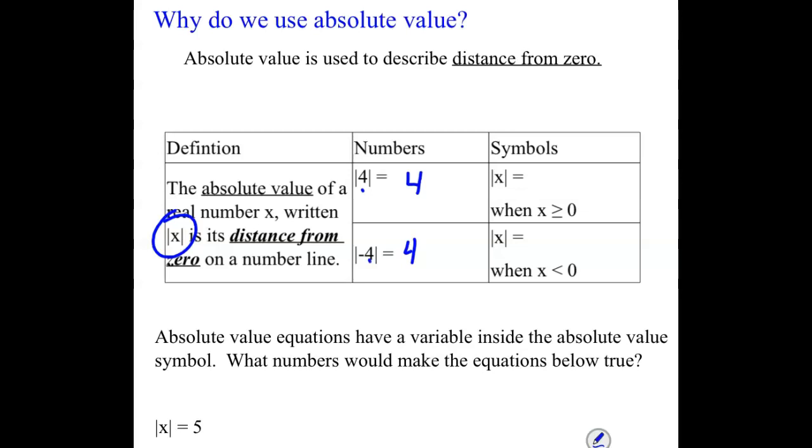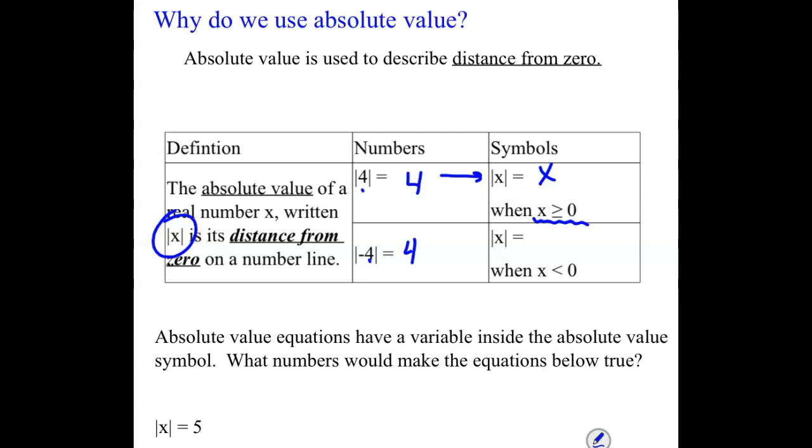Yes? Now, the algebraic way of showing that for many students seems strange because we've just said my answer is always going to be positive, right? In symbols, the absolute value of x is x, just like we had here. The absolute value of 4 was 4, as long as x is greater than or equal to 0.